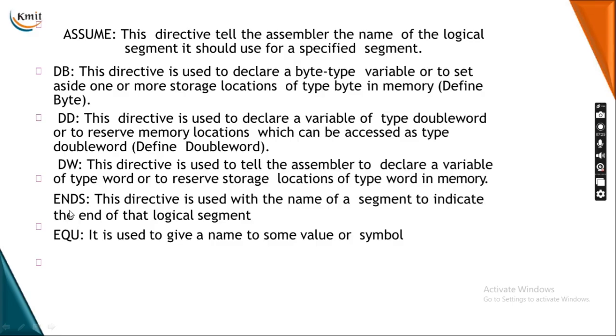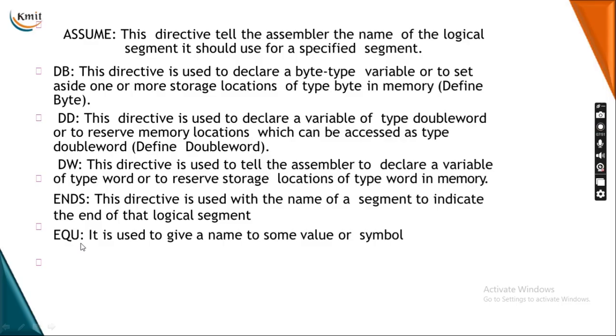Next, ENDS. It tells the assembler that the corresponding segment is ending. EQU is nothing but equal, or given to some value or symbol. It is used to give a name to some value or some symbol.